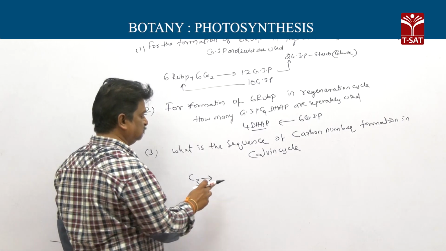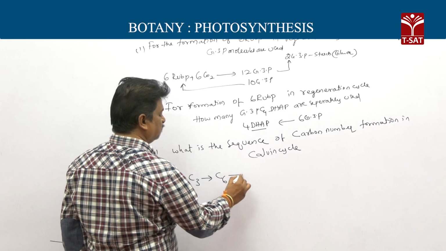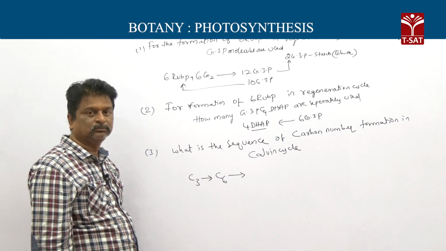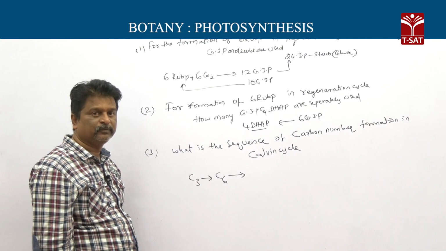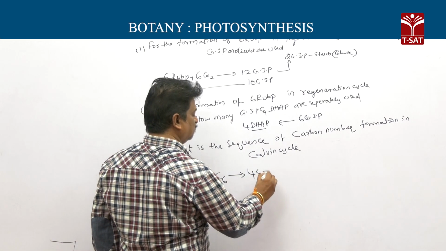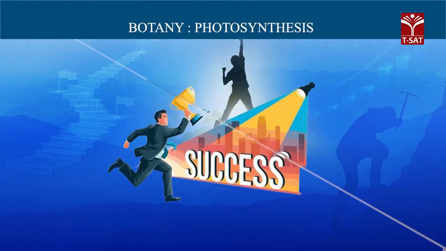After that, G3P and DHAP fuse to form fructose. So, next 6 carbon. After that, fructose monophosphate reacts with G3P, forms 4 carbon compound and 5 carbon compound.